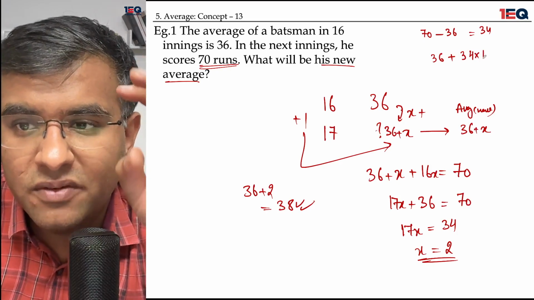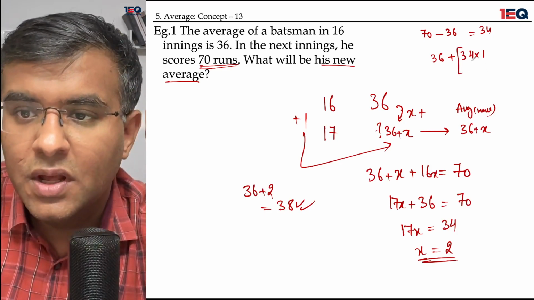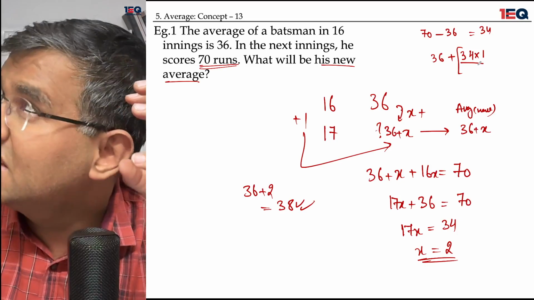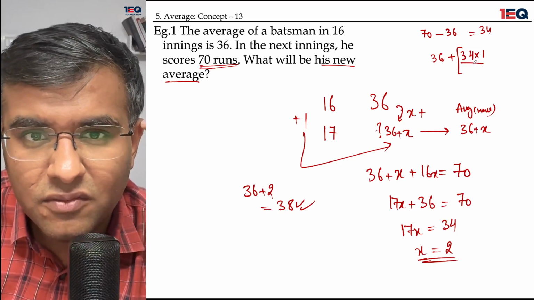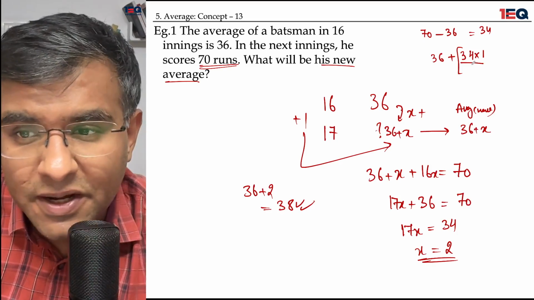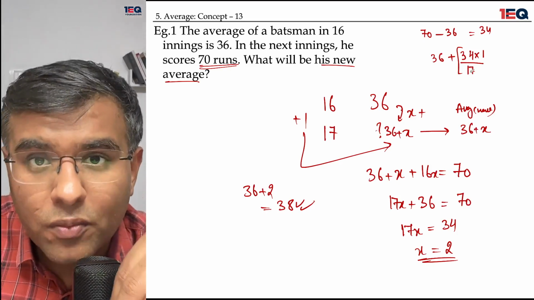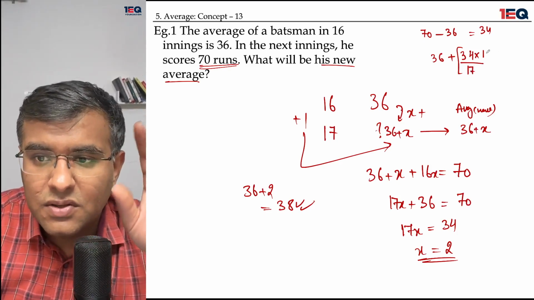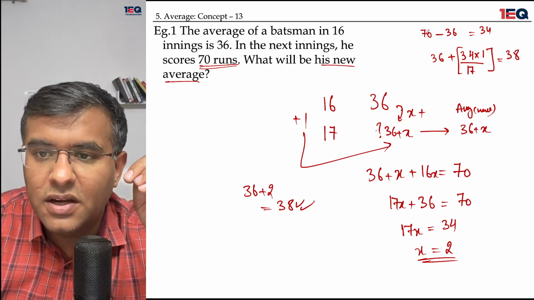So this extra score which we received was equally distributed in all the innings that he has played, and the total number of innings that he has played is nothing but 17 till now. After the 16th inning, the next inning he's going to play is the 17th inning. So 36 plus 34 upon 17 would also give me 38.